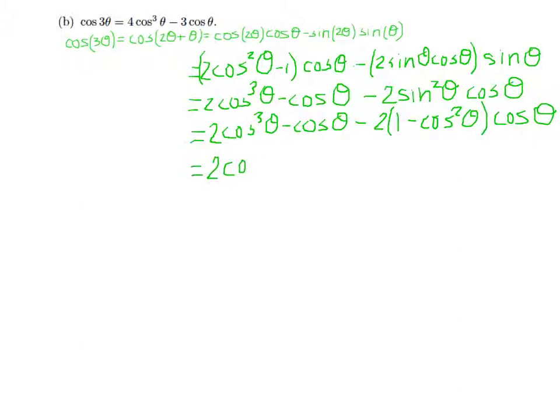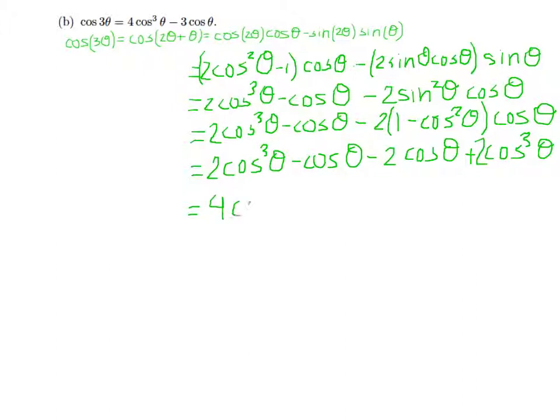So we still have 2 cosine cubed theta minus cosine theta minus 2 cosine theta plus 2 cosine cubed theta. And now we're just going to group together like terms. I'm sorry, this should be a 2 cosine cubed. We have 4 cosine cubed theta minus 3 cosine theta, which is what we needed to verify.